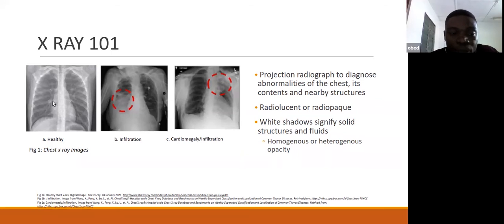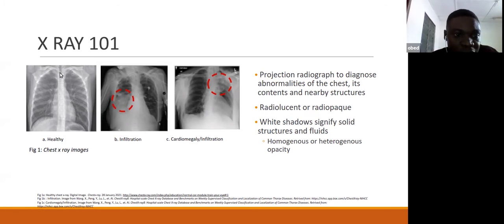Usually places that are filled with air are translucent, and those would be darkened, right? So all the dark patches here mean we have air there. And the ones that are radio-opaque, where the radio waves are not able to penetrate, are marked as white structures.